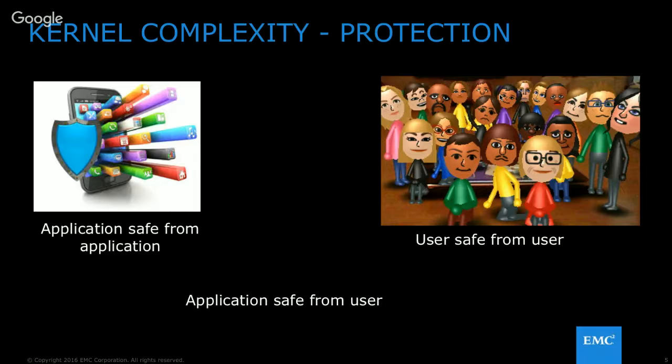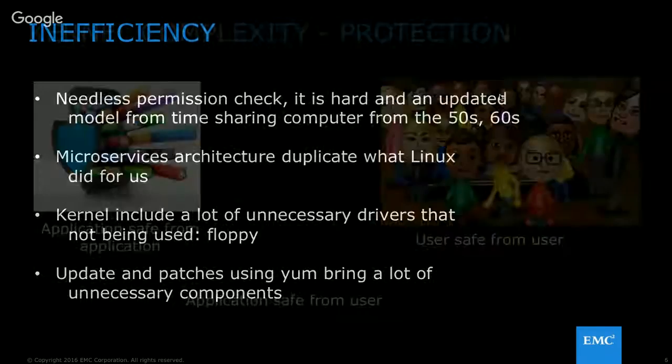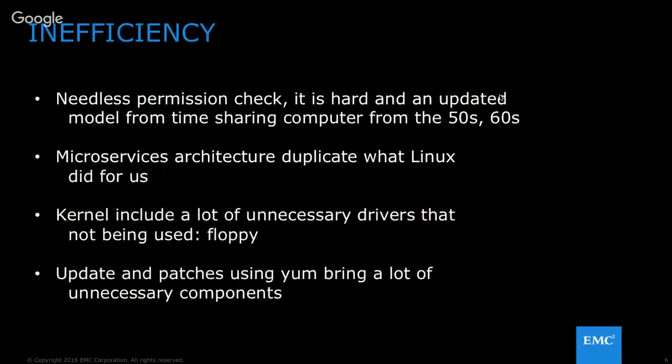You can protect the application from the user. And that really made sense when we were sharing computers in the 50s and 60s. It's a very, very expensive computer, and you needed to share it with other users and other applications. But today, that's not really what we do. We're running one application on a single server, single user. So not really the most efficient.